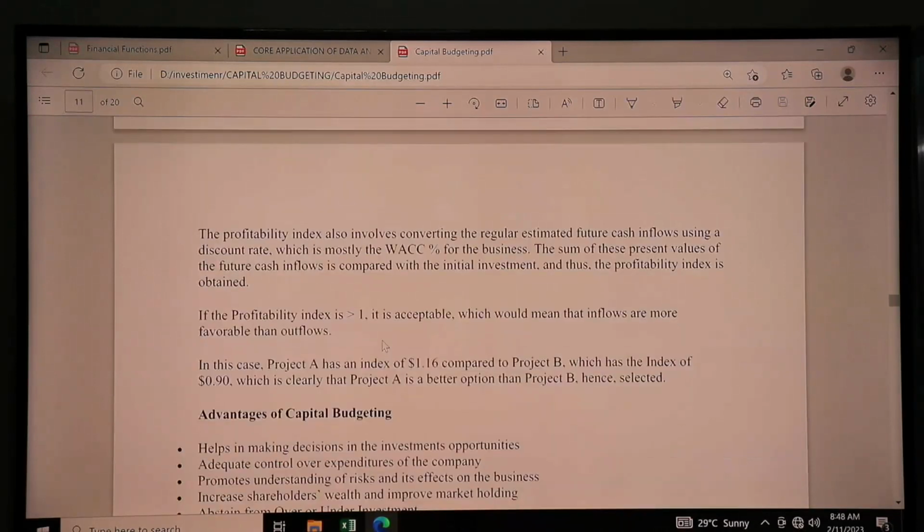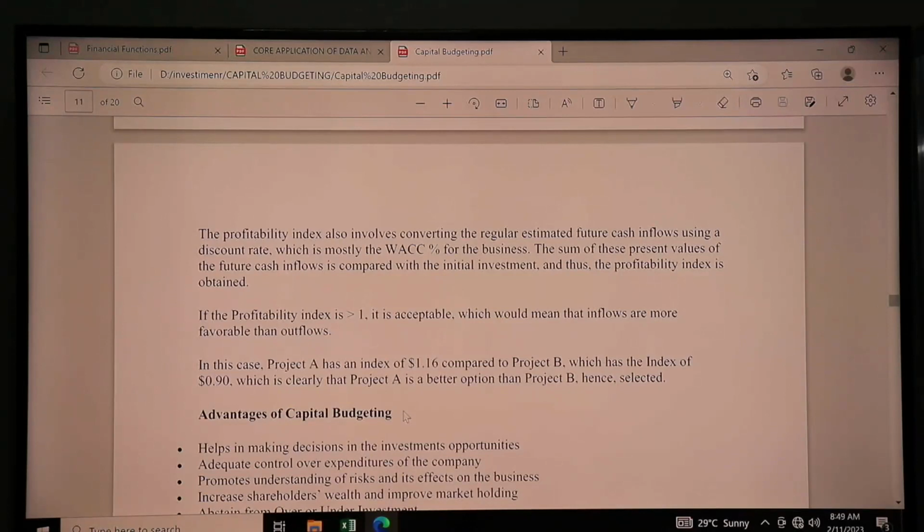So to conclude, the profitability index also involves converting the regular estimated future cash flow using a discount rate, which is mostly the weighted average cost of capital of the business. The sum of the present value of the future cash flow is compared with the initial investment, and thus the profitability index is obtained.